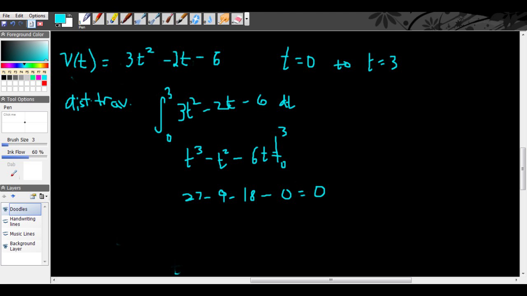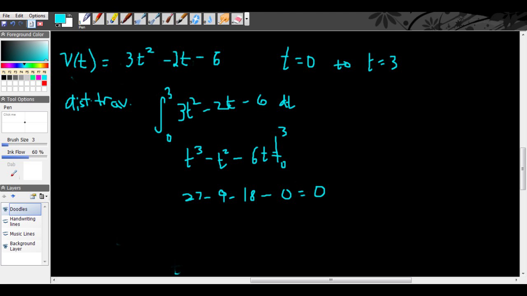And if you know that displacement is the integral of velocity, and not distance traveled, this will be a key point in figuring out where we went wrong. That is a mouthful.